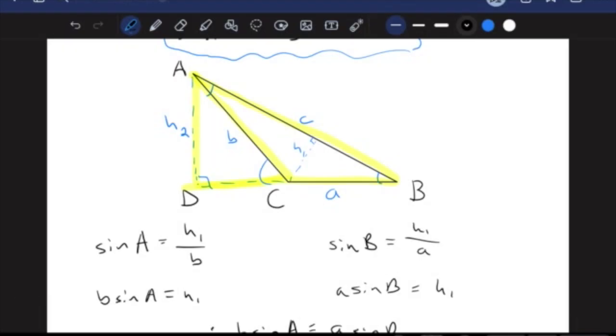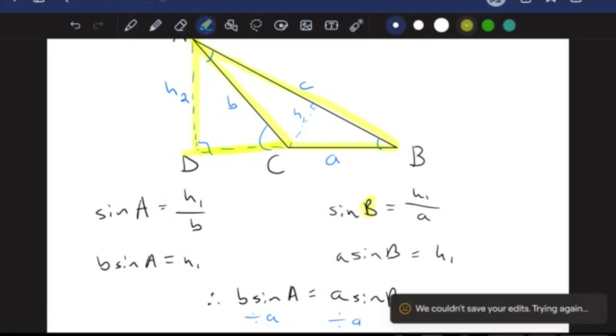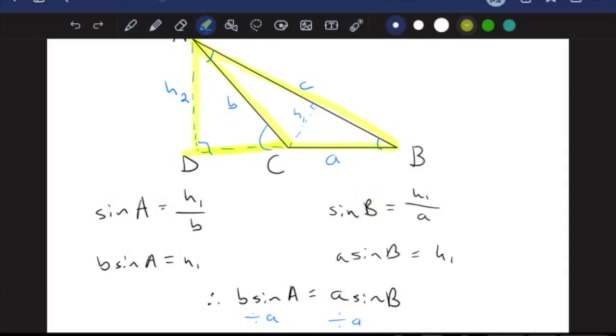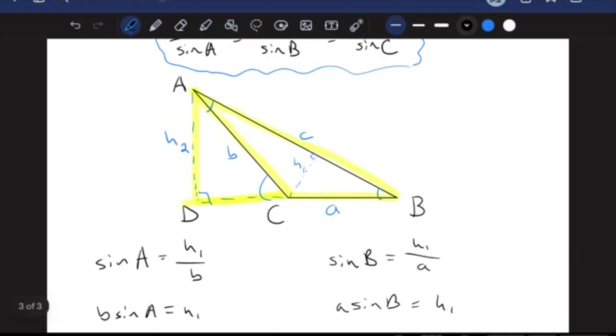My sine of ABD, which is the same as this angle in here. So that one there, sine of B, I'm talking about the same angle over here. So I'm going to write sine of B, because ABD, for example, the angle there, is the same as my angle CBA.